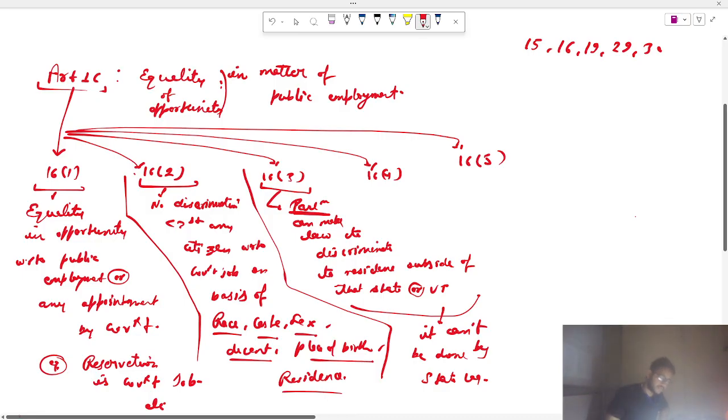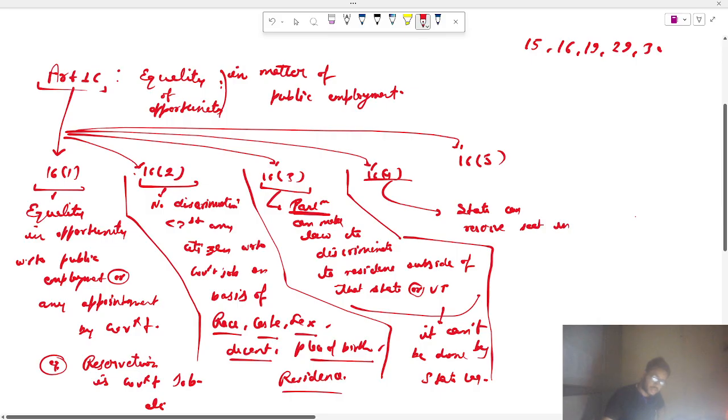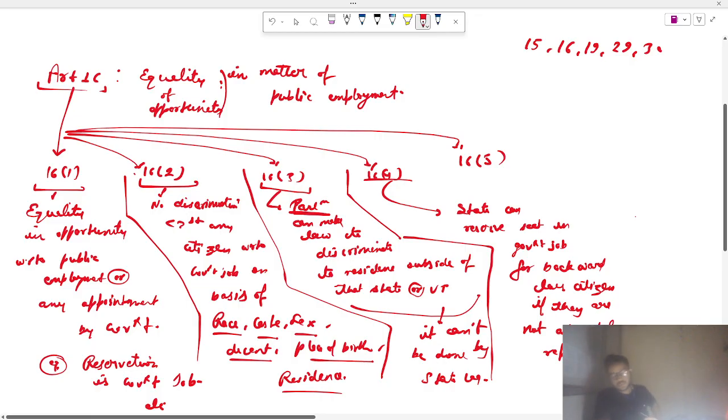So basically Article 16.4 says that the state can reserve seats in government jobs for backward class citizens if they are not adequately represented. This is the provision mentioned in Article 16 Clause 4.